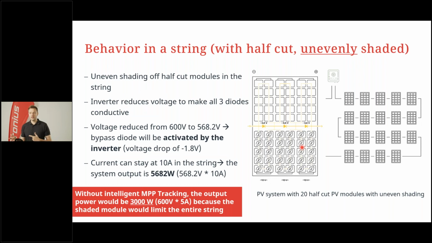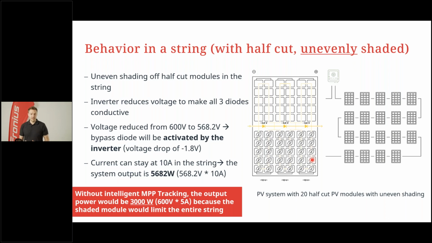Now the more common example, I would say, is the half cut module unevenly shaded, where you just have one half cell module shaded and the others are unshaded. For example, like you can see here, this module is shaded with some leaves on the bottom part.